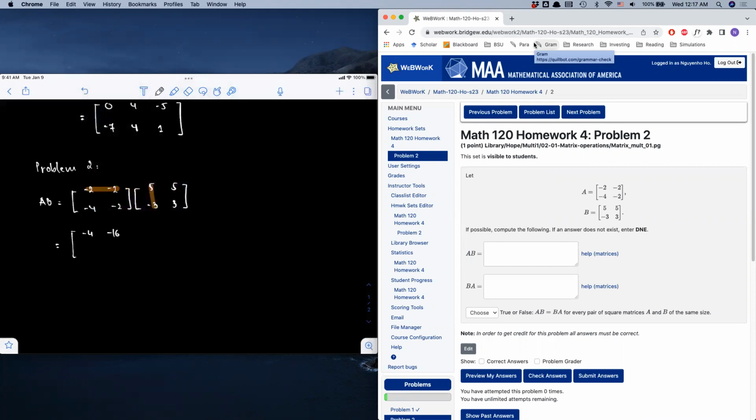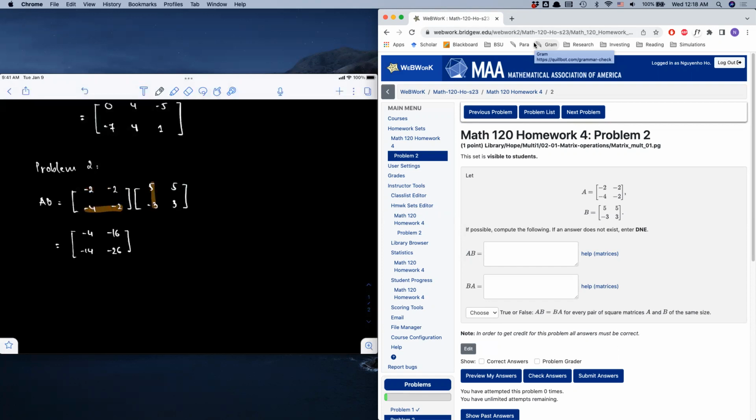Then you're done with the first row, and you move on to the second row. You take the second row of A combined with the first column of B, and you should get -14 as the answer. For the last entry, it should be -26.